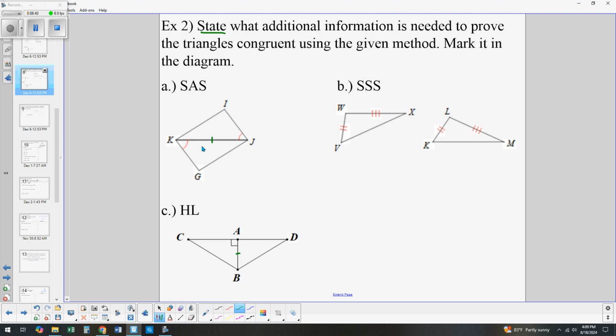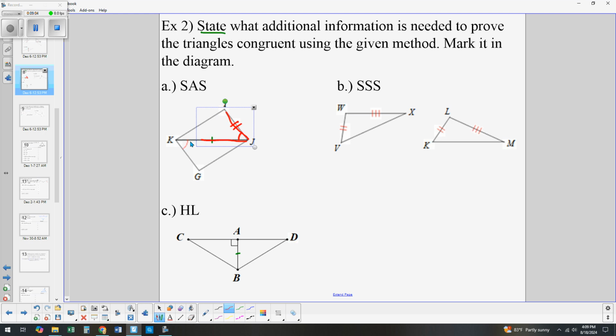The third thing we would need to get to the method for A, so we have a side, we have an angle, we want to do side, angle, side. So I need the other side to be touching this same angle. So let's look at this angle here. This line and this line are going to be the 2 lines that touch that angle. So here's a side that we need.